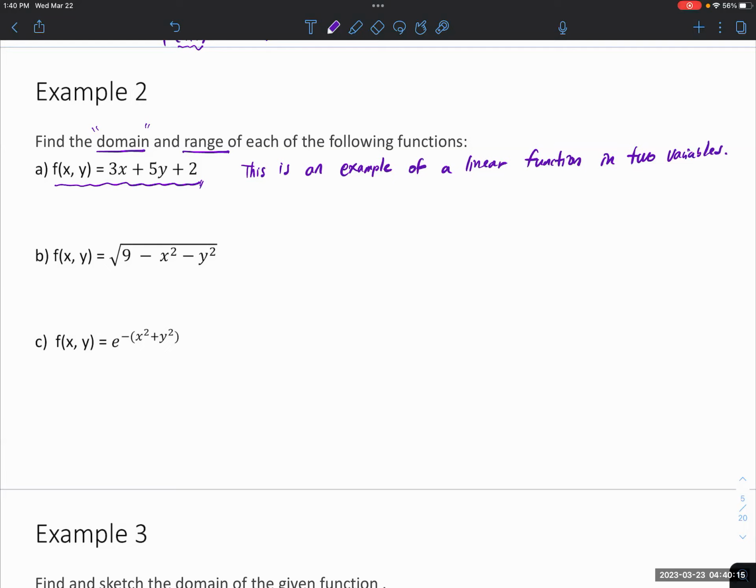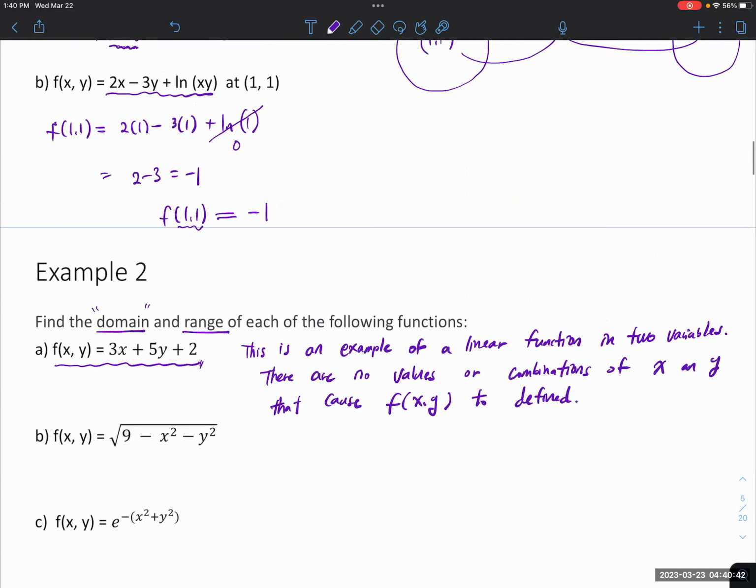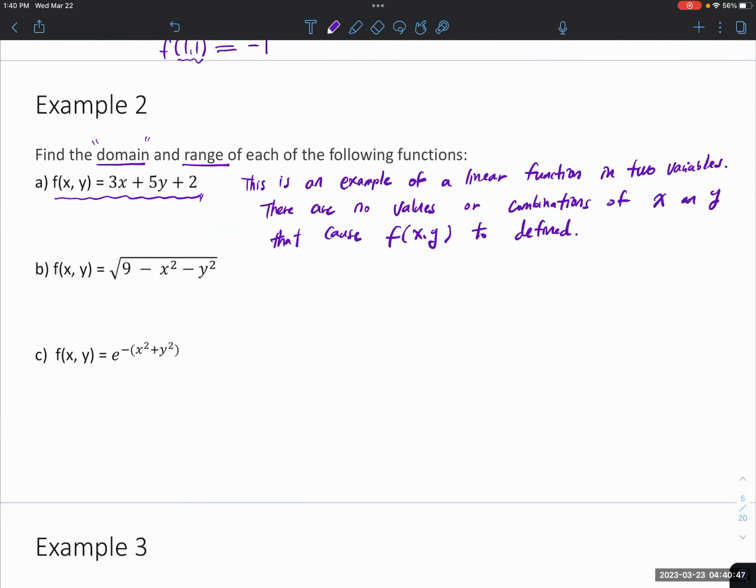And then there are no values or combinations of x and y that cause f(x, y) to be undefined, right? Because it could be any number right now, because they didn't ask us to find the specific outcome at whatever point. They didn't give you that information. We don't know the value or combination of f(x, y).